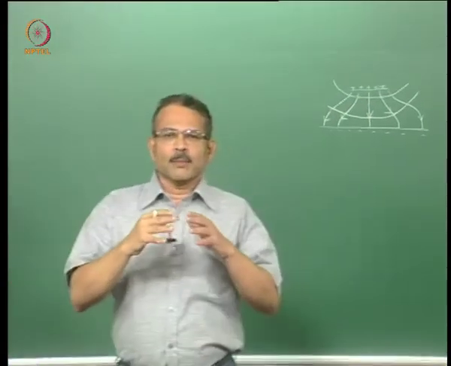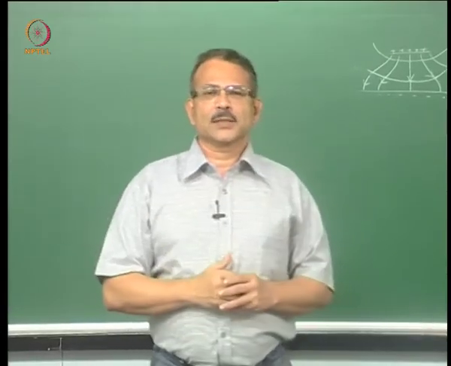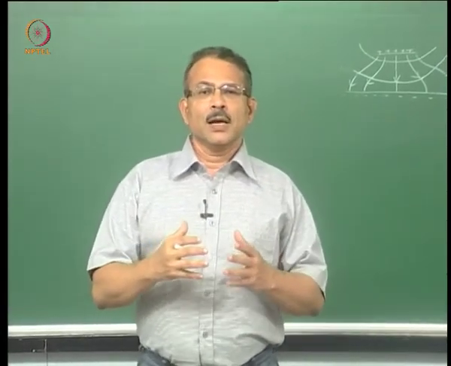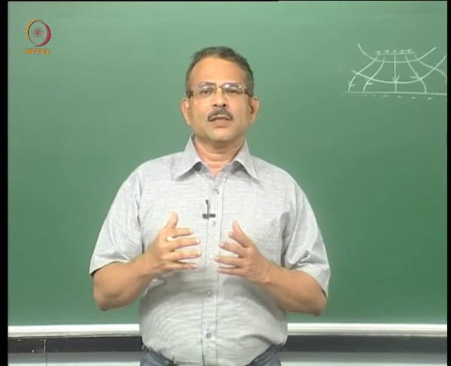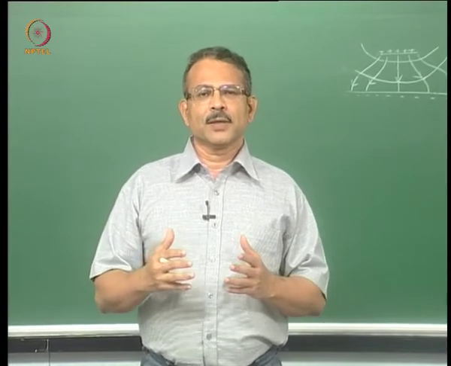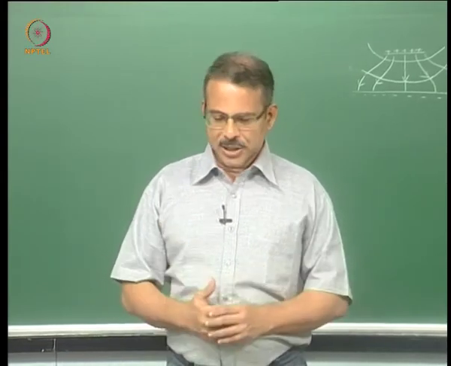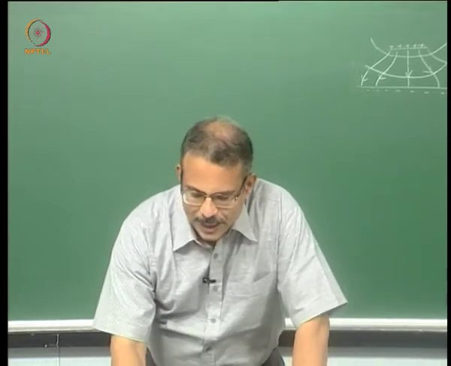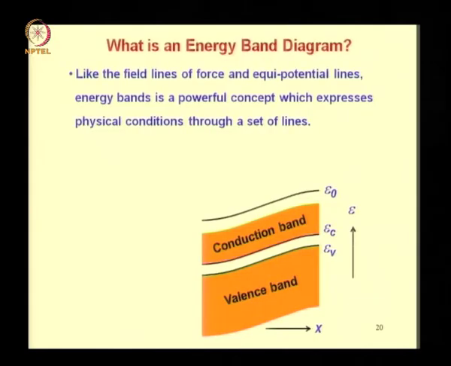So like lines are used in this case to represent physical conditions, energy bands also consist of a set of lines which express physical conditions. So for example, here, as you know, EC is the edge of the conduction band. So electrons which are in this band of energies participate in conduction, that is why it is called conduction band.